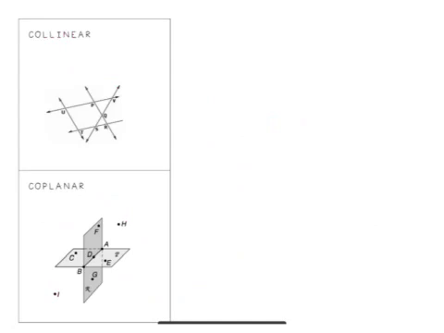Talking about whether something is collinear or coplanar. Collinear means on the same line. So if you take a line and you trace along it, you can see the points that are collinear.